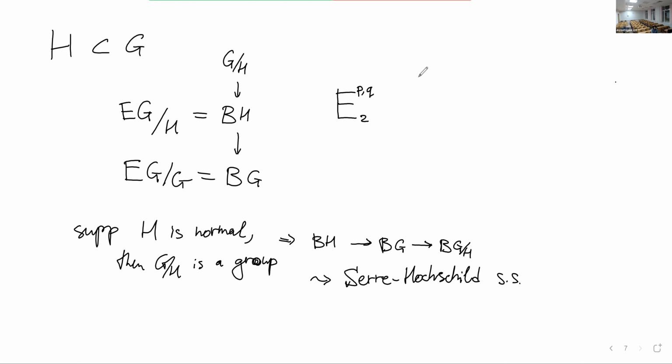Well, let's do the homological version, which is H upper P of G by H, with coefficients in the local system given by HQ of H with coefficients in M, where M is the G module we start with.